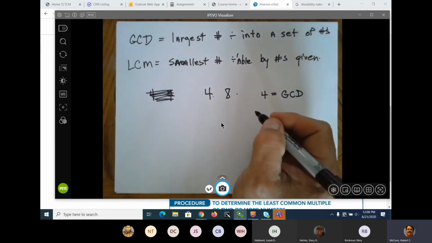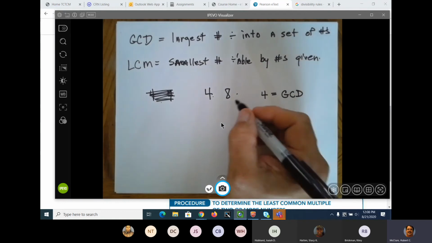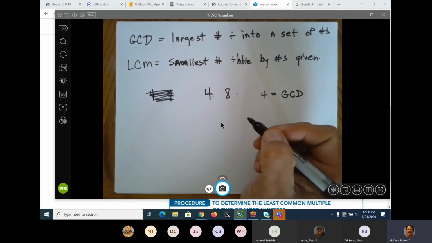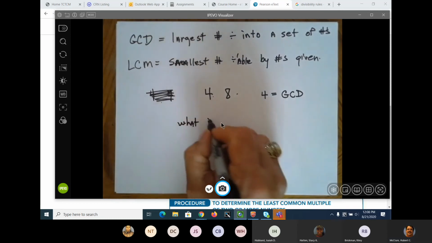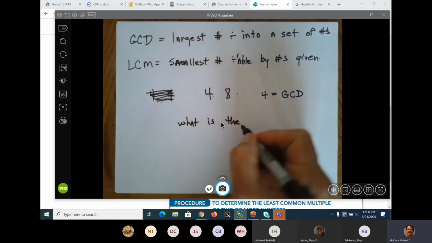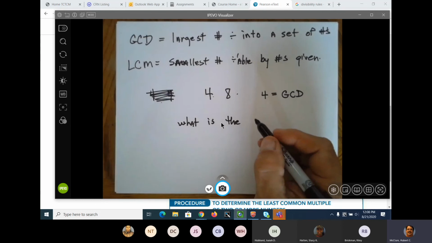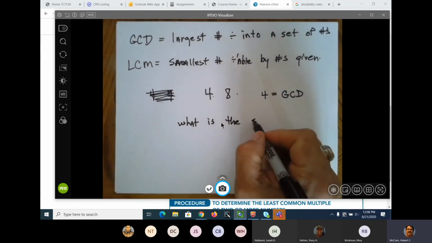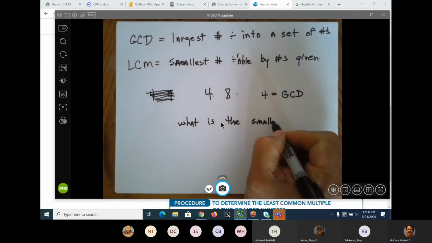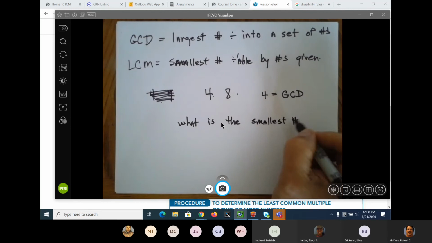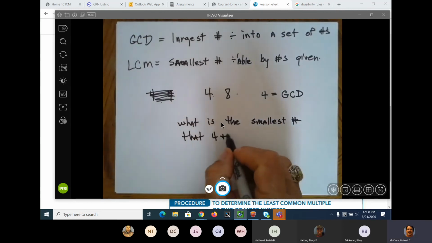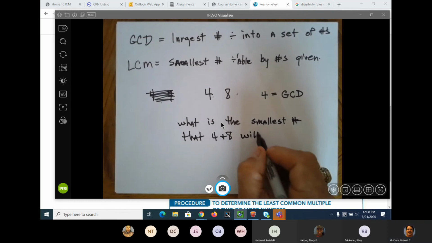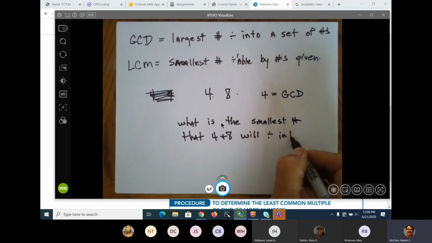What is the smallest number that 4 and 8 will go into? Be careful here because a lot of people just multiply them and that's not right. What is the smallest number that 4 and 8 will divide into?